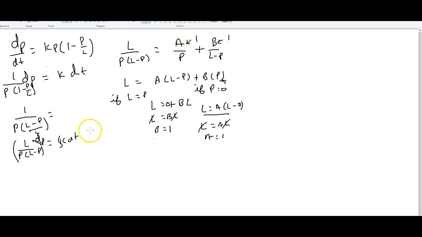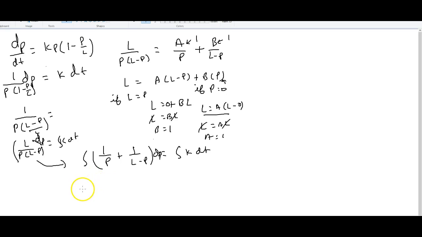And so this thing here becomes the integral of 1 over P plus 1 over L minus P, dP, and this becomes over here the integral of k dt. All right, so now I'm ready to integrate the thing.